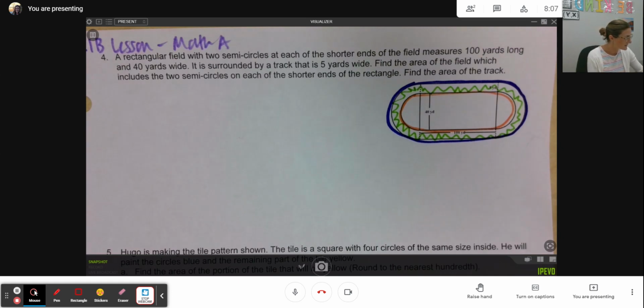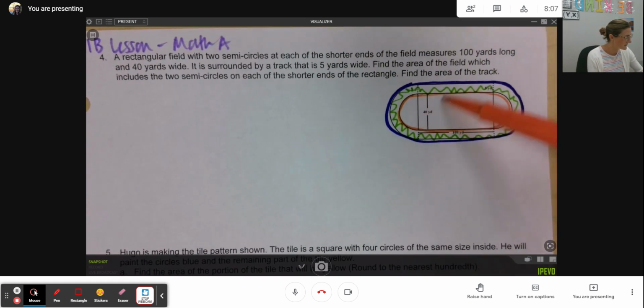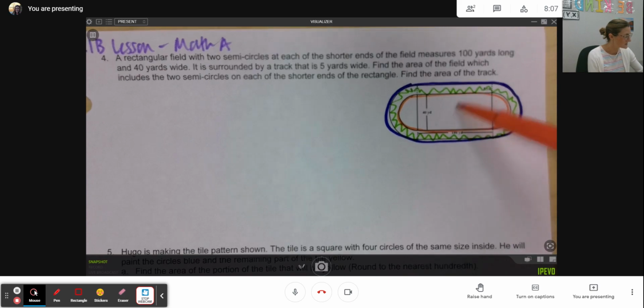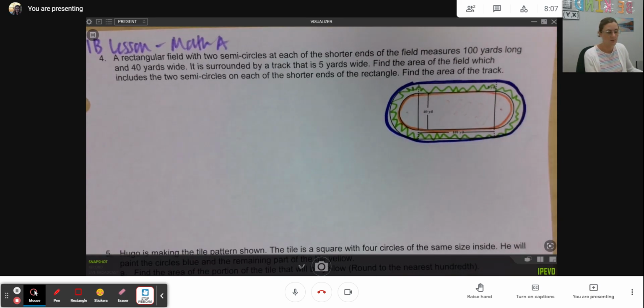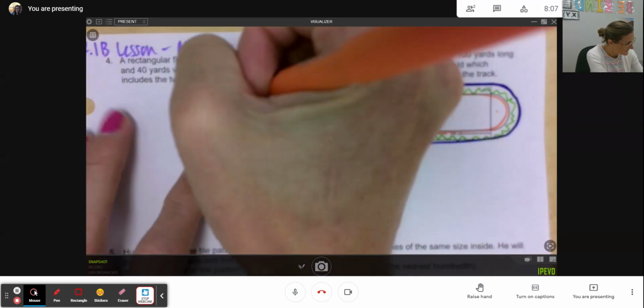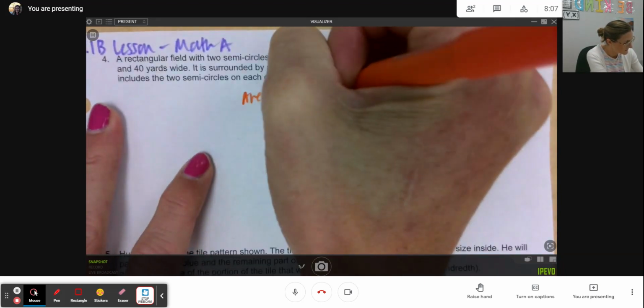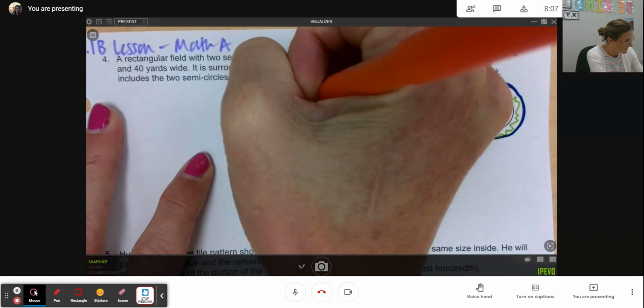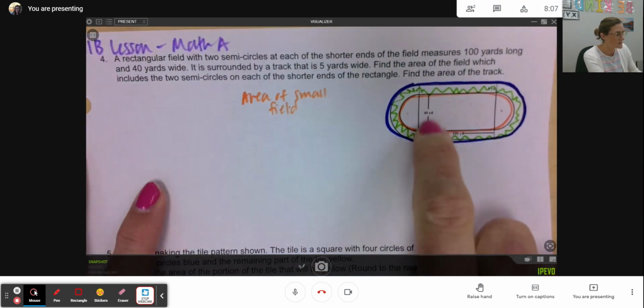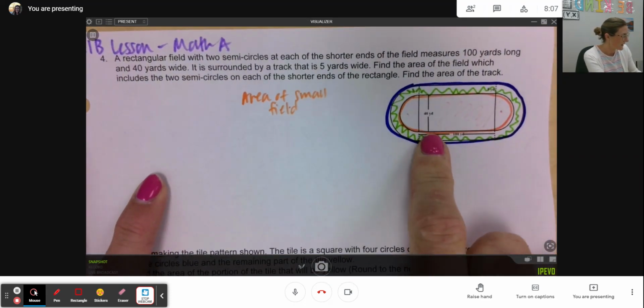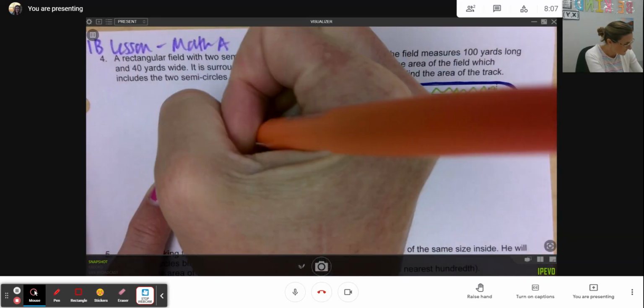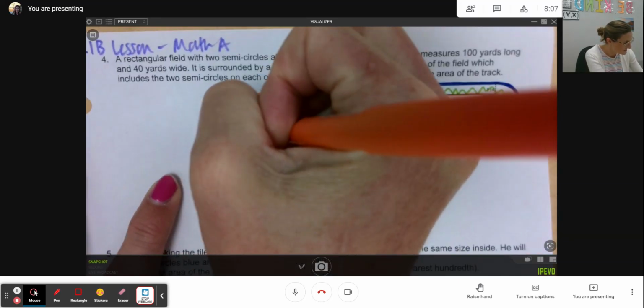And the smaller one is this rectangle right here plus the two semicircles. So I'm going to say area of small field. And it is this rectangle, which is 40 by 100. So 40 times 100.